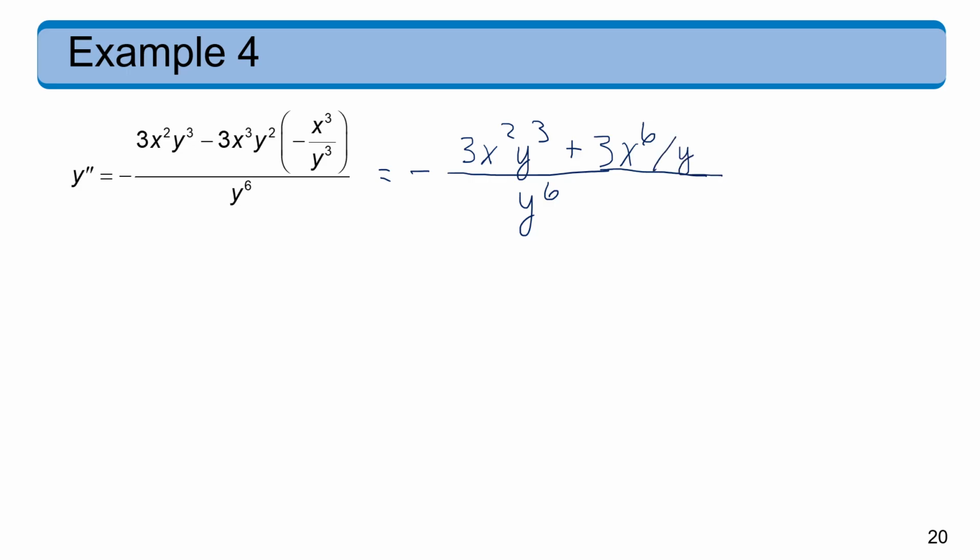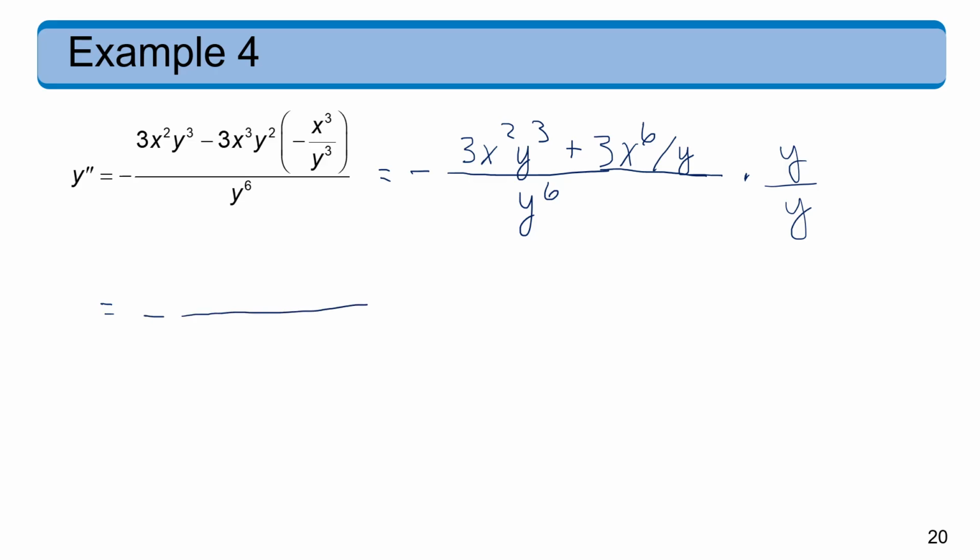Now the only thing that's not so nice here is having this fraction within the numerator. So we could clear that fraction out by multiplying top and bottom here by y, right? Because when we multiply this term by y, it'll cancel out that y in its denominator. So I'm going to multiply by y over y, which we can always do because we're just multiplying by 1. So in the numerator, let's keep this negative sign.